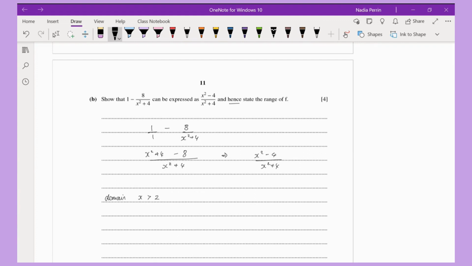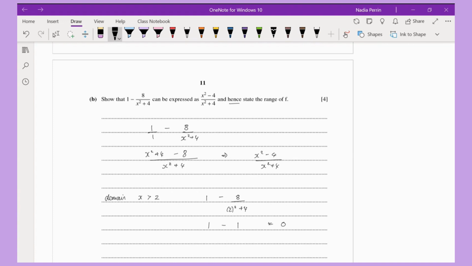If I put 1 minus 8 over 2 squared plus 4, you will notice that I get 1 minus 1, so I get 0. So I know that one of the limits of the range is going to be 0, but I also need to check that there isn't something else going on.